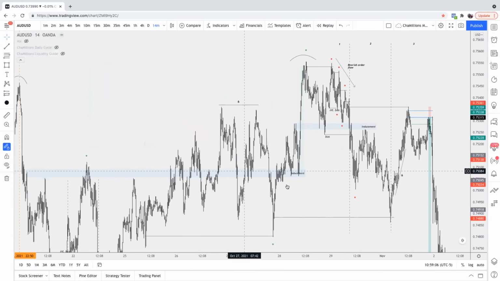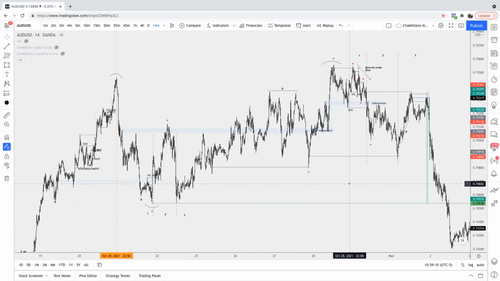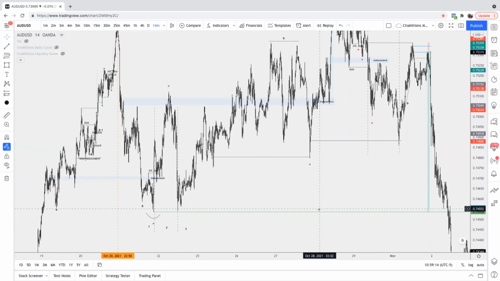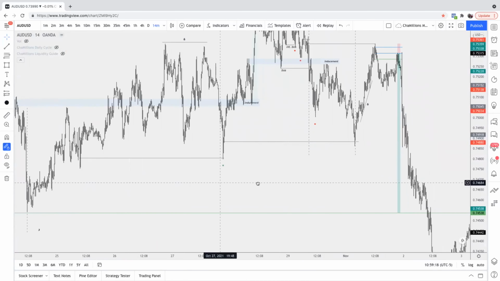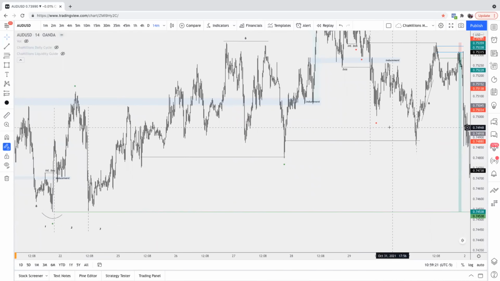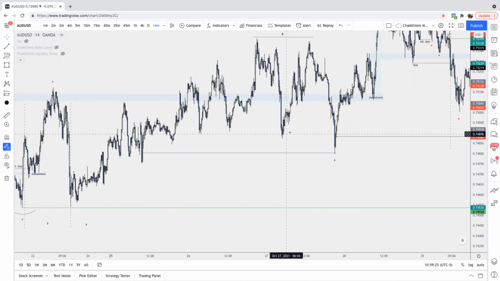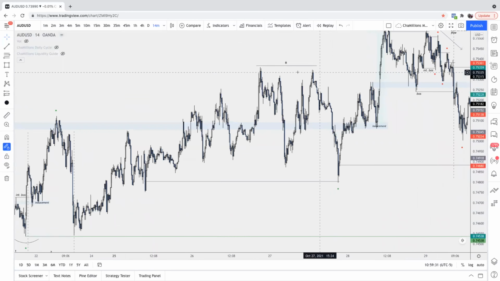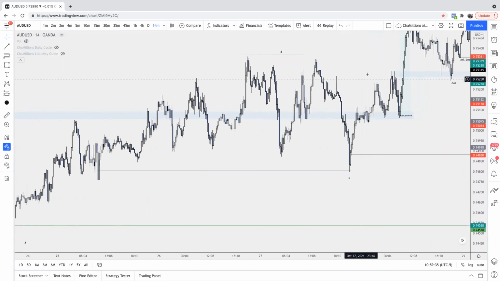Also, like I mentioned, one big thing that influenced this being the first target is understanding the anatomy of this entire move here to the upside. Now there were a lot of great intraday plays here that I'm not going to dive into in this video, that you can go back and backtest.